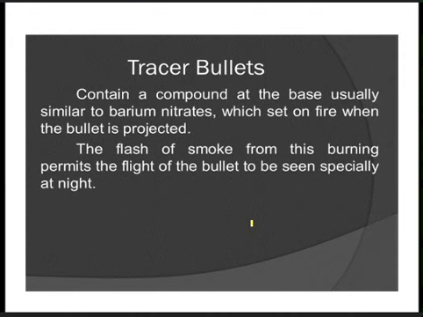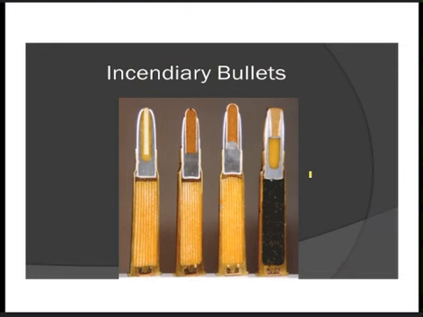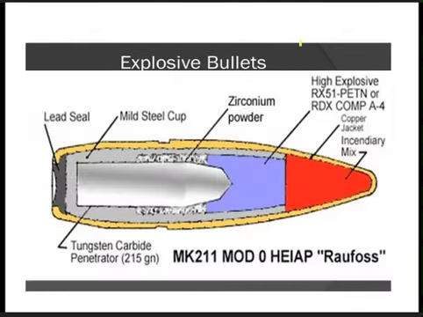So during night time, that is tracer. It is used by soldiers during combat operations at nighttime. That is how a tracer bullet looks like. And then of course we have incendiary. This is how incendiary bullets look like. Explosive or fragmentary bullets, that is how they look like.